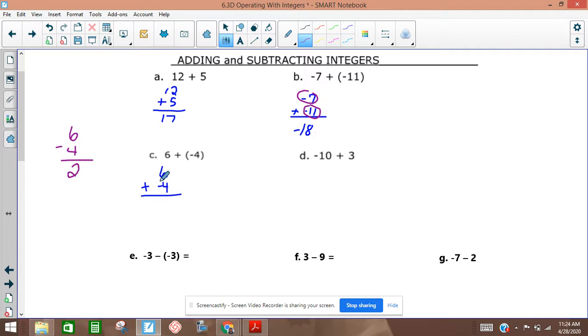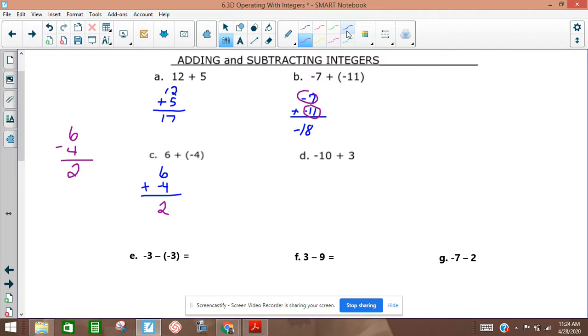Now from these two, you ask yourself, which one has the greatest absolute value? The absolute value of 6 is 6. The absolute value of -4 is 4. So which one is bigger? The 6. And the 6 was positive, so that's why my answer has to be positive.